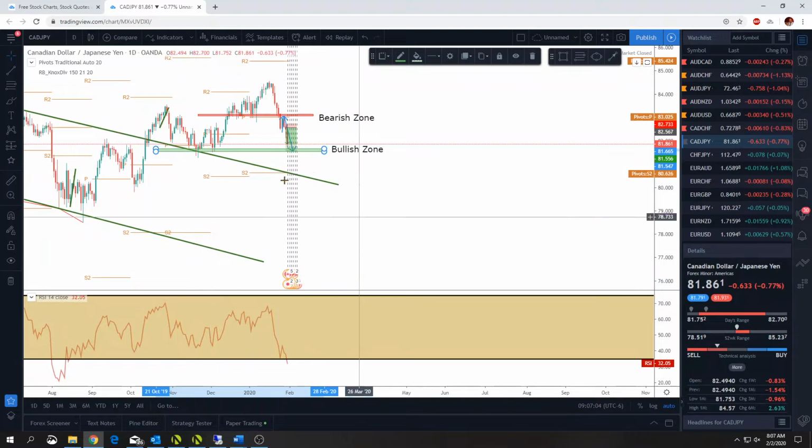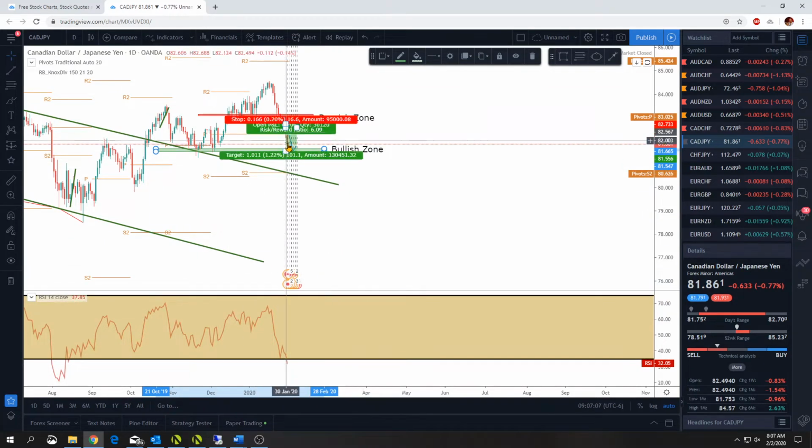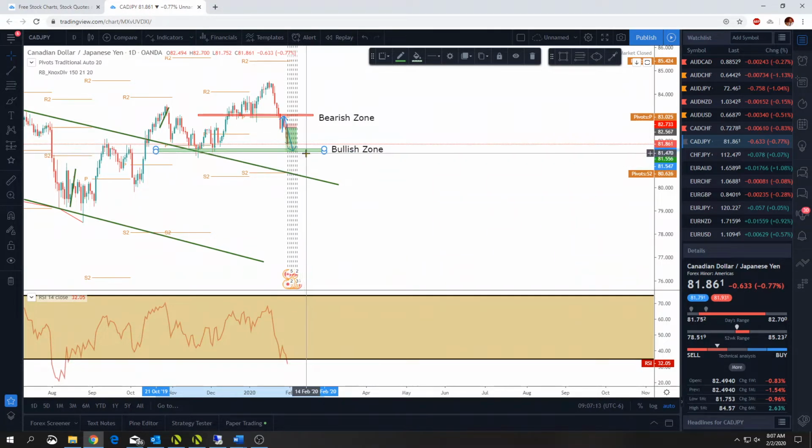If we get a break, I'll get short again, or I might just leave this short open and give it some room to consolidate at this zone, try to trick us retail traders out, and then may just bleed all the way down to these levels.